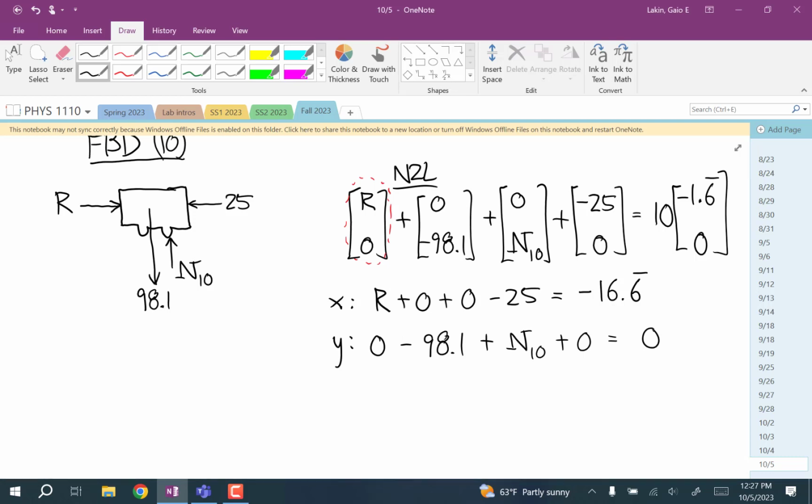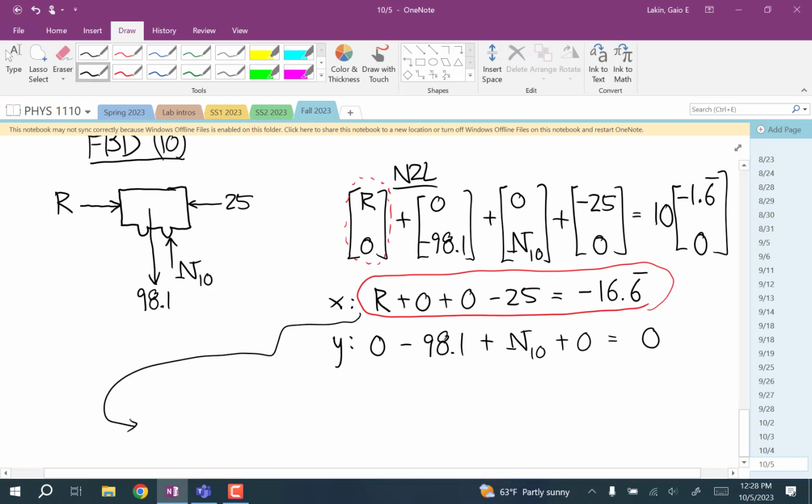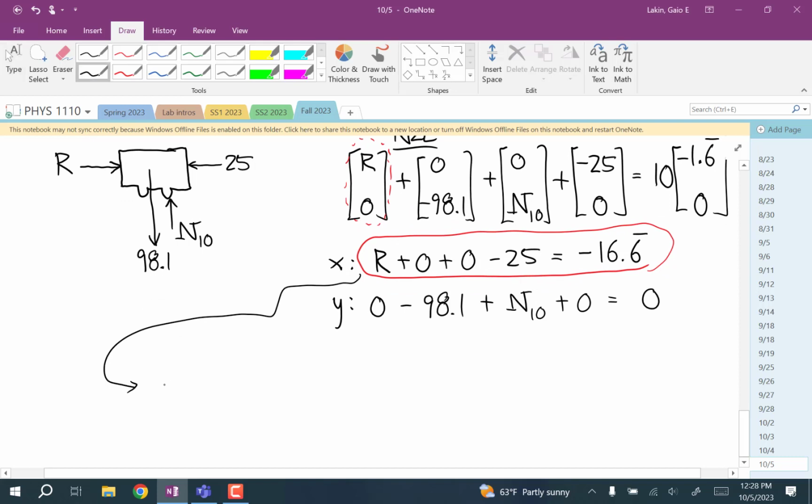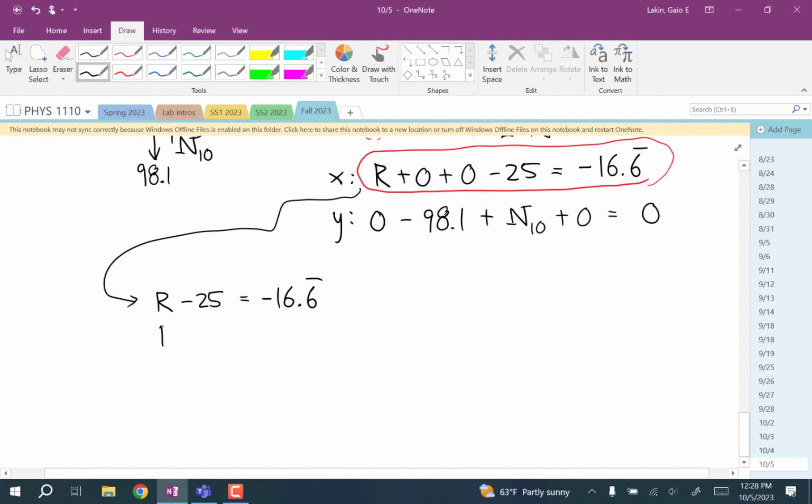Which of these two equations is useful for calculating the one in the red circle? Yep, it's x again. So that says R minus 25 is equal to negative 16.6 repeating. Solve for R, and you get R is equal to 8.3 repeating newtons.